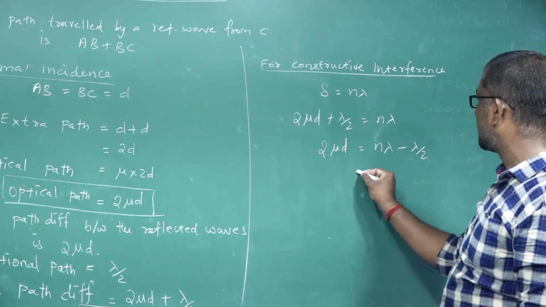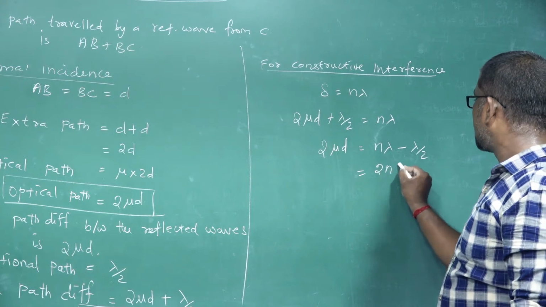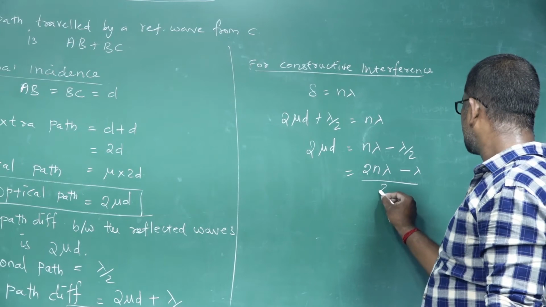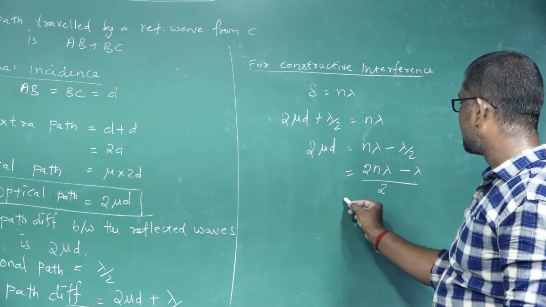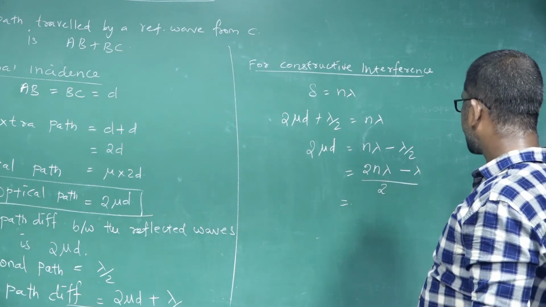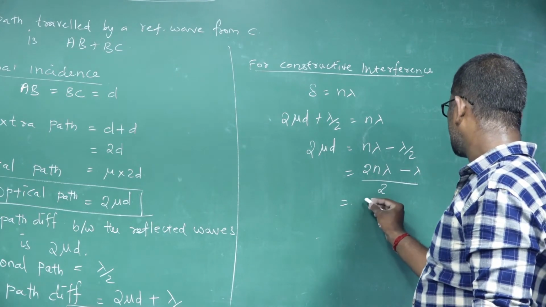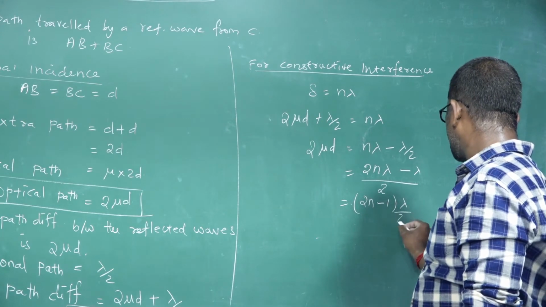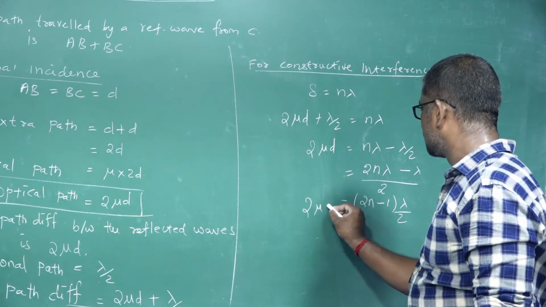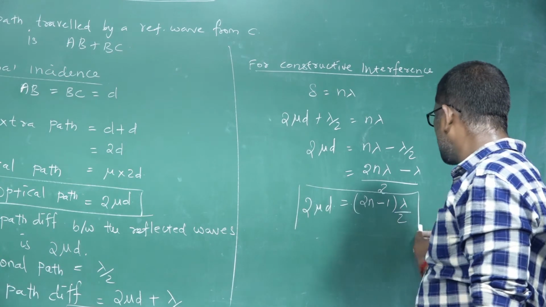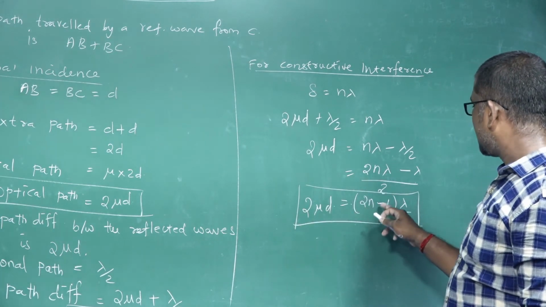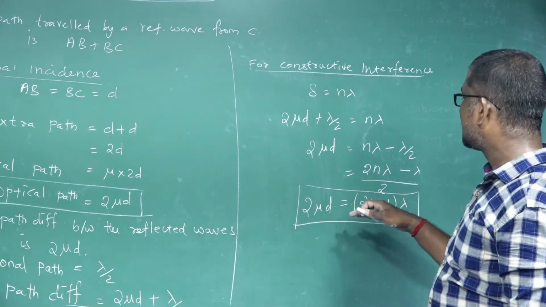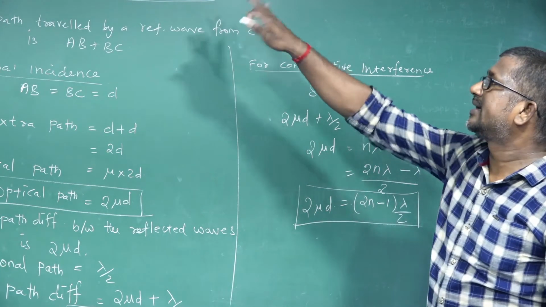Here lambda is common, so take it outside. So 2 mu d is equal to 2n minus 1 into lambda divided by 2. So this is another condition for constructive interference in the case of reflected waves.